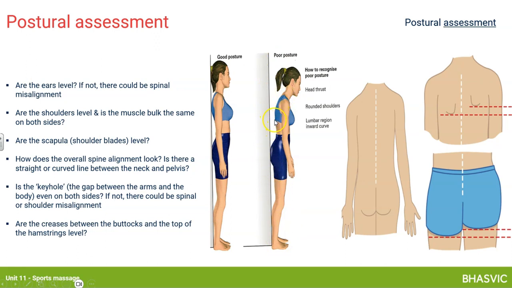So if they have got some kyphosis or excessive lumbar lordosis, lumbar curve here, there'll be an exaggerated gap there, or there'll be an exaggerated curve there, and maybe it isn't possible to get them to have their thoracic contacting the wall or the door, whichever you want to use. So again, some prompts for what to look at. It's quite handy to use.